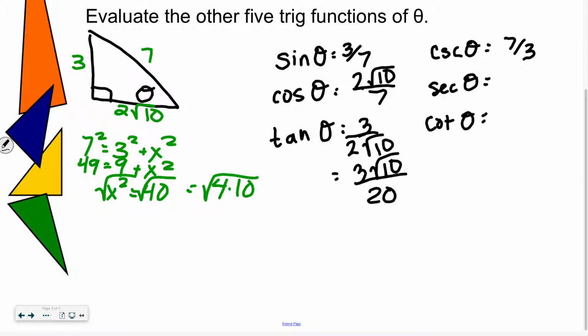If you choose to multiply by 2 square root 10, all that means is that you'll be able to reduce your fraction at the end. So if you want to do the least amount of work possible, only multiply by the root. And then I'll have to rationalize my secant as well. That's going to be 7 square root 10 over 20.